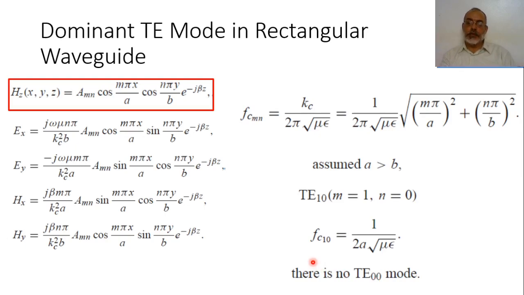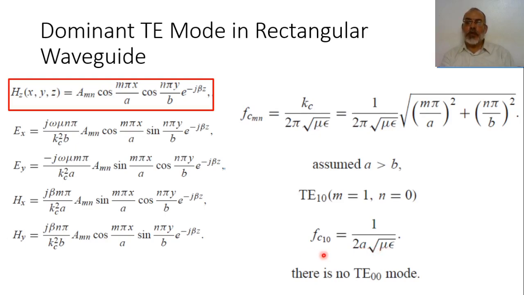This means that for a rectangular waveguide, the lowest frequency that can propagate inside the waveguide is given by this value. In other words, the rectangular waveguide for TE mode corresponds to a high pass filter which has a cutoff frequency equal to 1 over 2a square root mu epsilon.